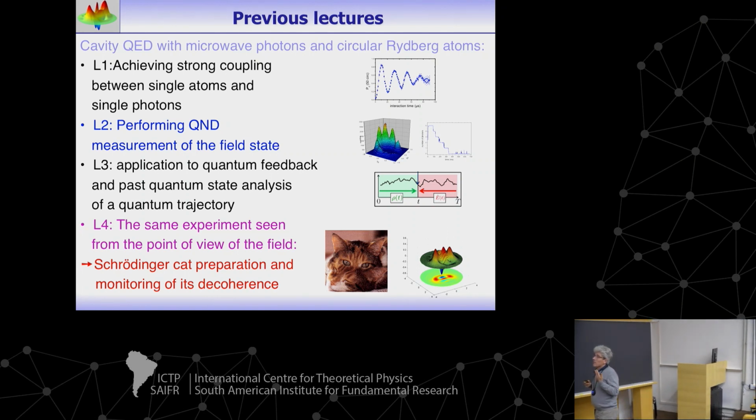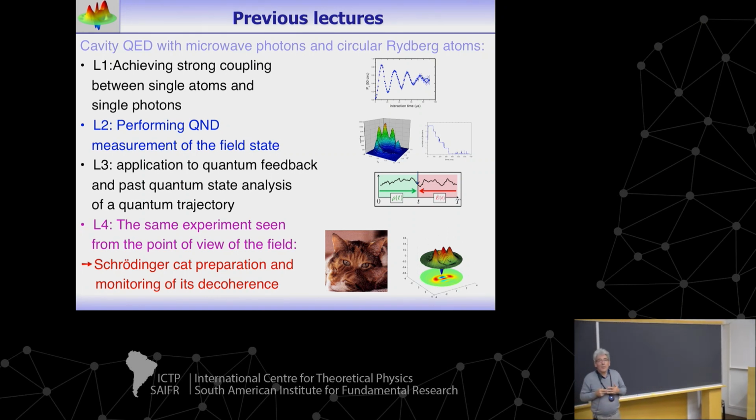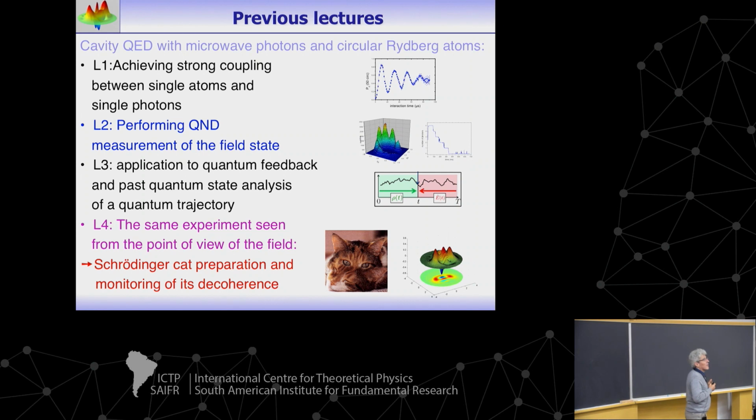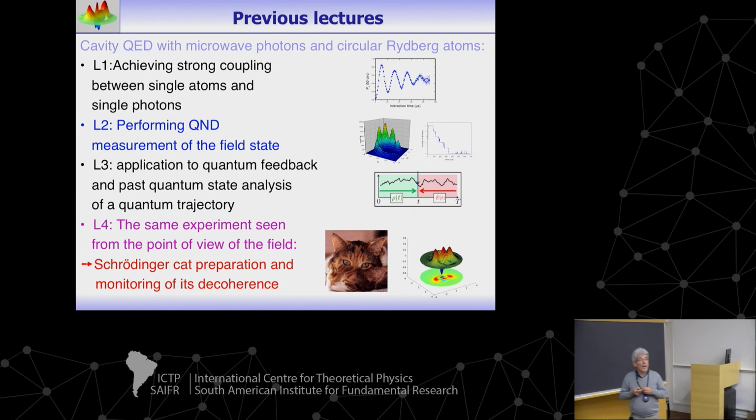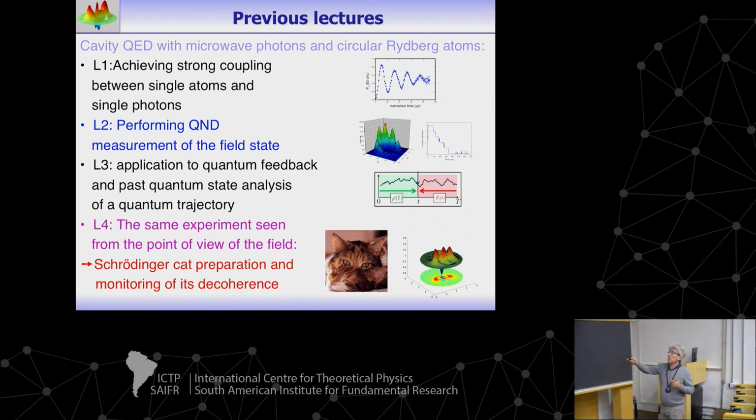And indeed, an example of that is the case where the measurements project the field on vacuum. As I told you, vacuum is kind of ambiguous with respect to 8 photons in the cavity because the measurement is performed modulo 8. And sometimes you have a wrong vacuum. And this is revealed by the future.